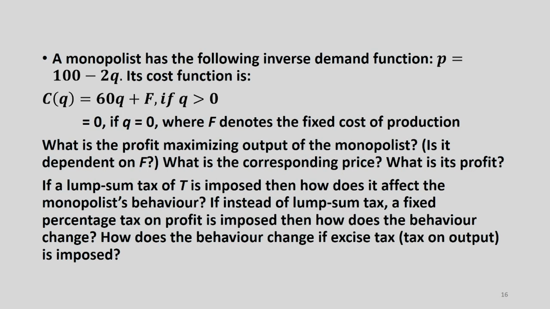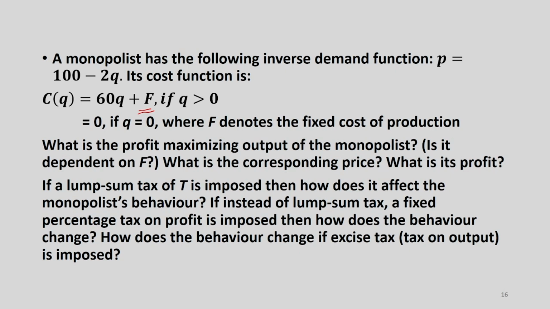What is the profit maximizing output of the monopolist? Is it dependent on F? What is the corresponding price and what is its profit? So this is the first part. You can see that there is a fixed cost involved here. So something similar to this we have seen before, where fixed cost was involved.